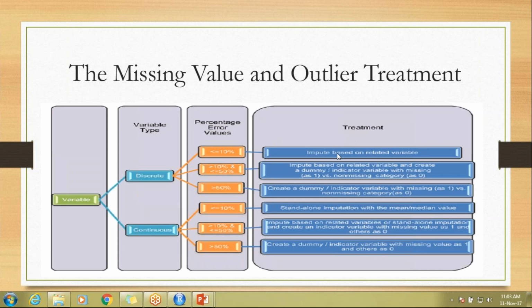The first option is to impute based on related values. For example, in my data set, every specific name has an age, and let's say I have a title associated with every name: Mr., Mrs., Master, Miss. Someone with the title of Master is not expected to be more than a certain age, let's say 15 or 18.